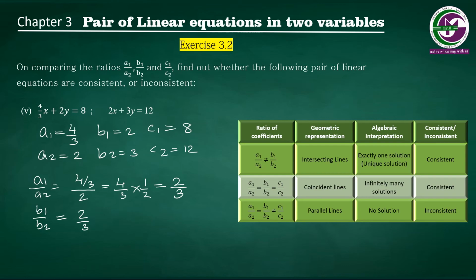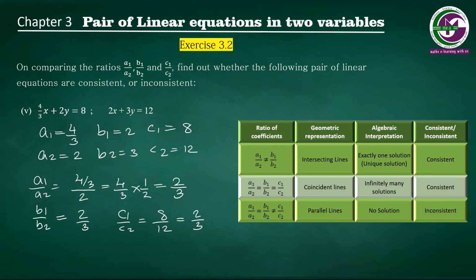Now b1 by b2 is directly 2 by 3. They are equal. a1 by a2 equals b1 by b2 means you need to find the c1 by c2 also. c1 by c2 equals 8 divided by 12. Here 4 is a common factor, so you will get 2 by 3. So all the three terms are equal.